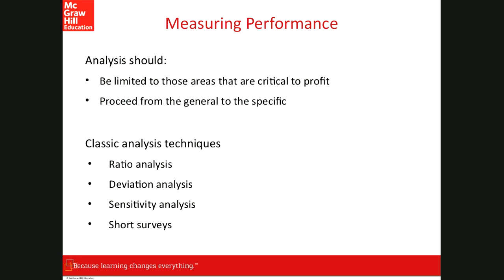So classic analysis techniques are ratio analysis, deviation analysis, sensitivity analysis, and short surveys. There are different types of analytical tools that you can use in order to better assess if you're doing the right thing for your product. Okay.